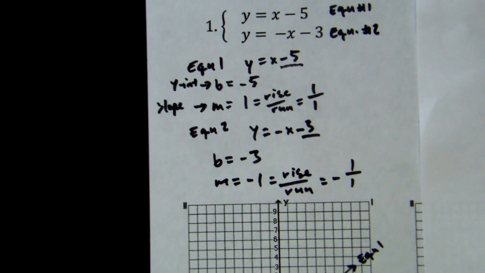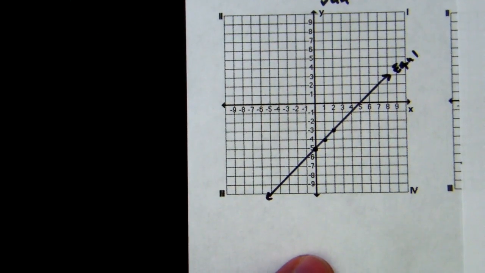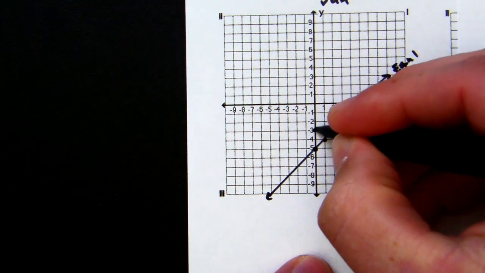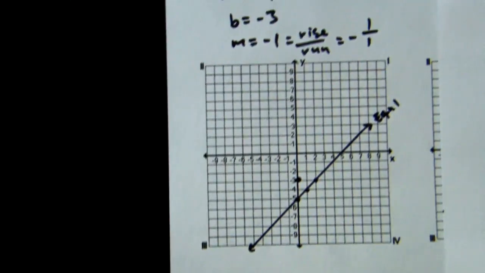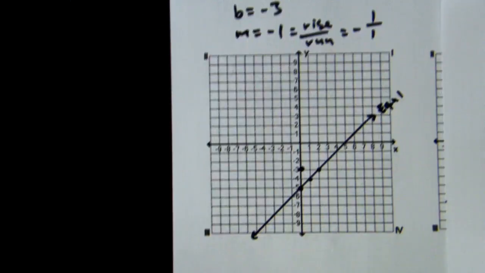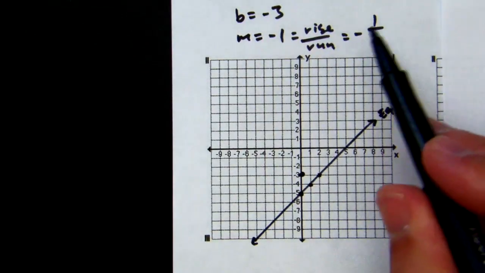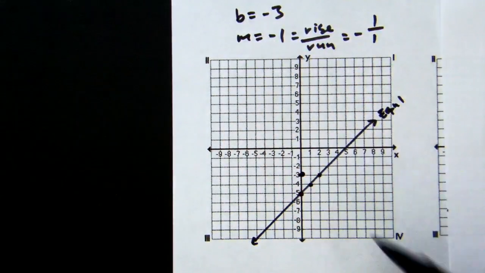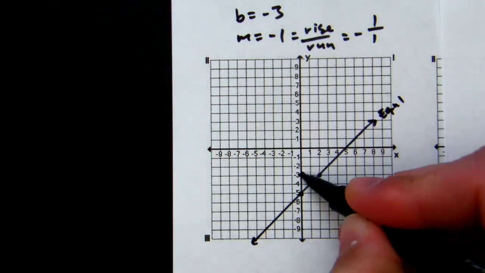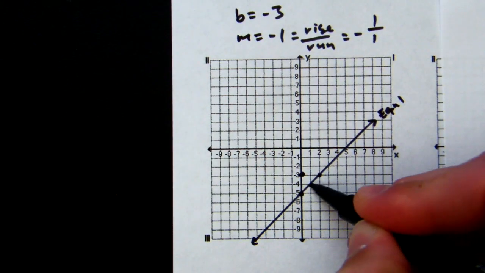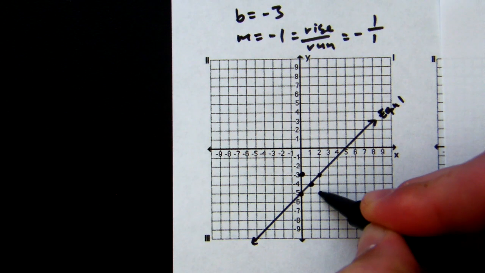So on the same graph, I'm going to graph equation number 2. My y-intercept is -3, so I'm going to plot a point right here. Now, my slope is -1 over 1, so my negative slope has to go down. I'm going to go down 1 over 1, down 1 over 1.